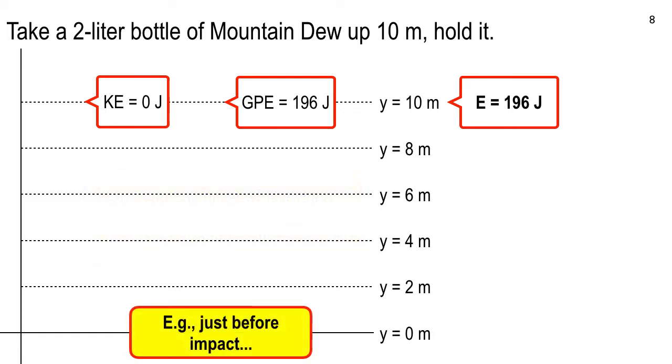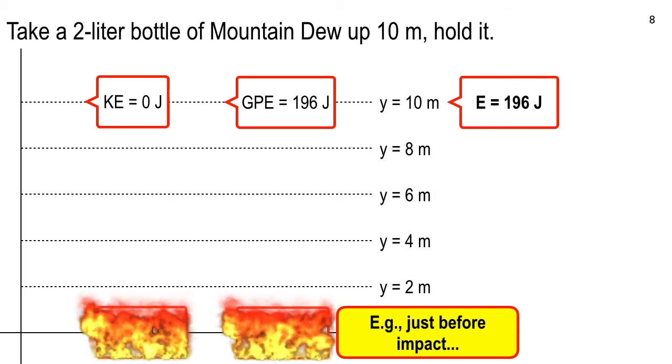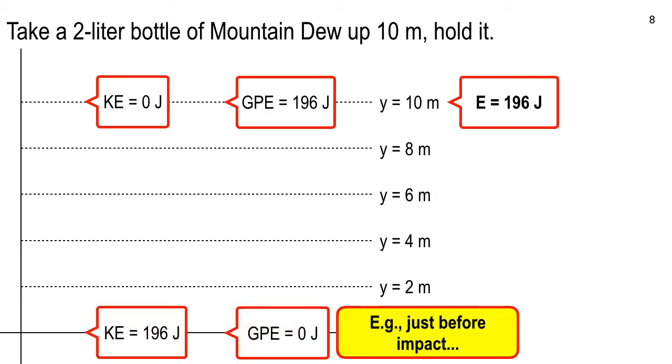So for instance, just before impact, let's go all the way down to the bottom. Y equals 0. So just before impact, all of that potential energy way up at 10 meters is now kinetic energy. All right? So all of that 196 joules is converted over to kinetic.